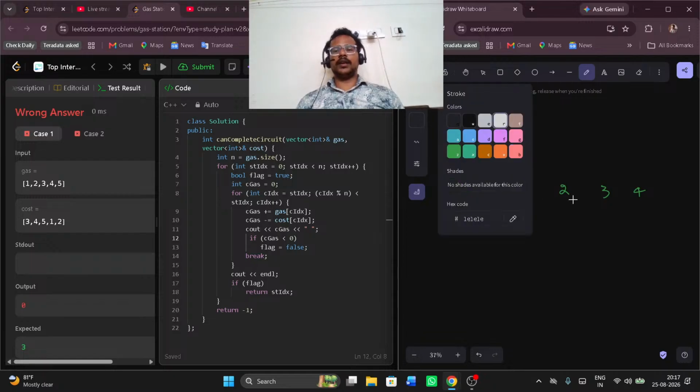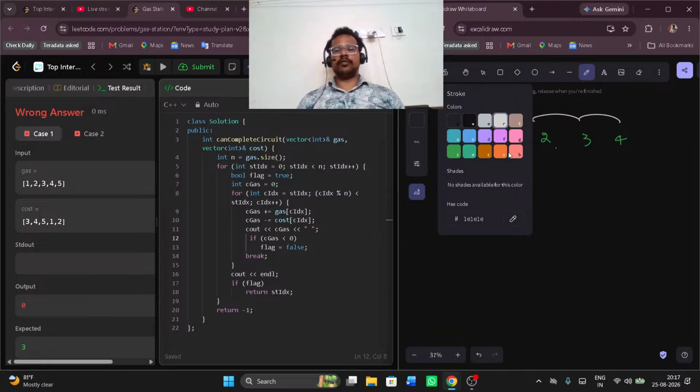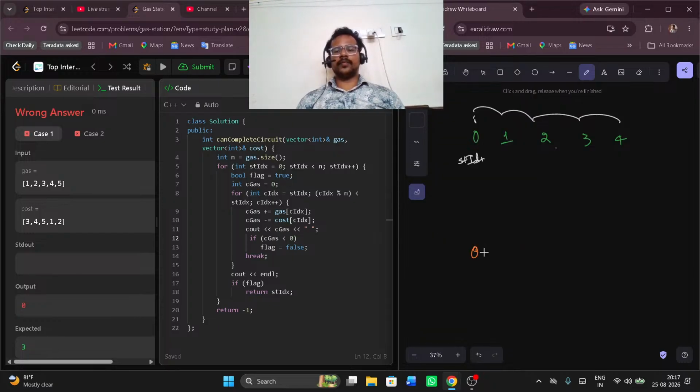Now the starting index is this starting index. Now I have I here, so I can just increment my I 0 1 2 3 4. Then let us take for 0 1 2 3 4. The starting index is this.